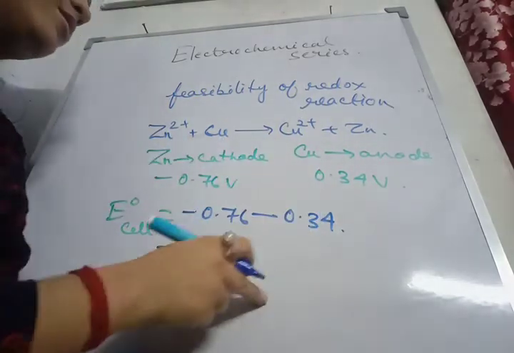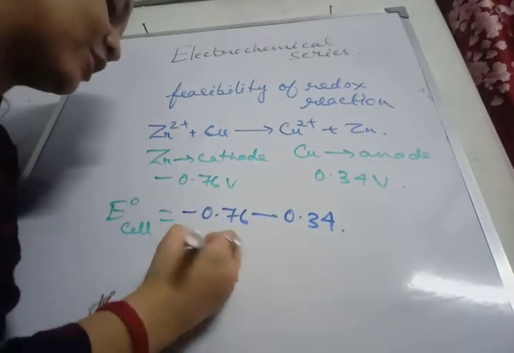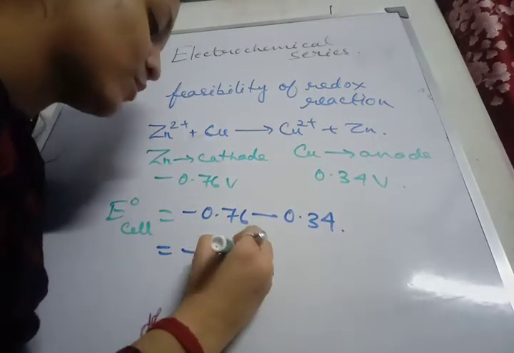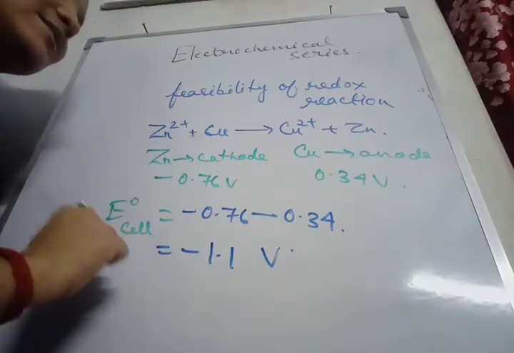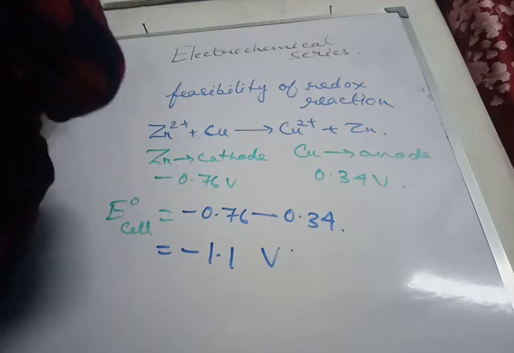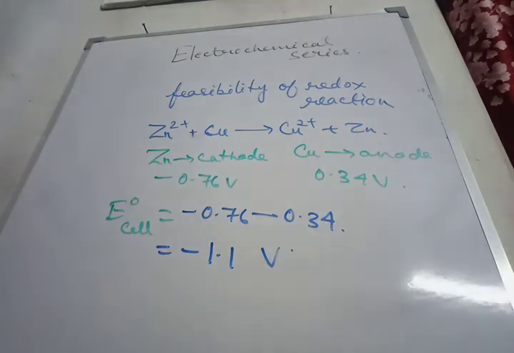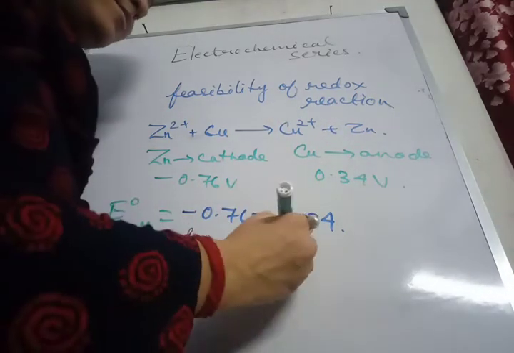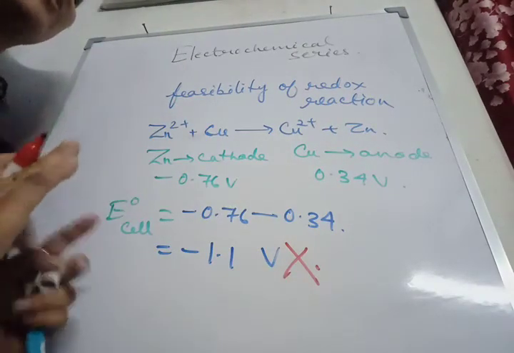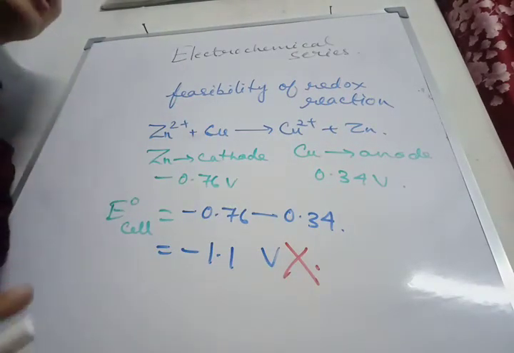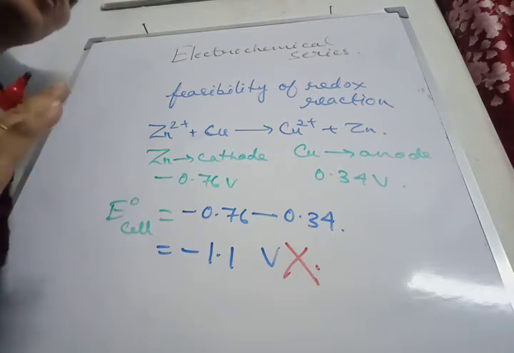So if I calculate, my E0 cell value will be negative, that is minus 1.1 volt. So we need to remember whenever the E0 cell value is negative, the reaction cannot proceed. This reaction will never occur. The E0 cell value always has to be positive. Whatever be the redox reaction, E0 cell value has to be always positive for a reaction to proceed.